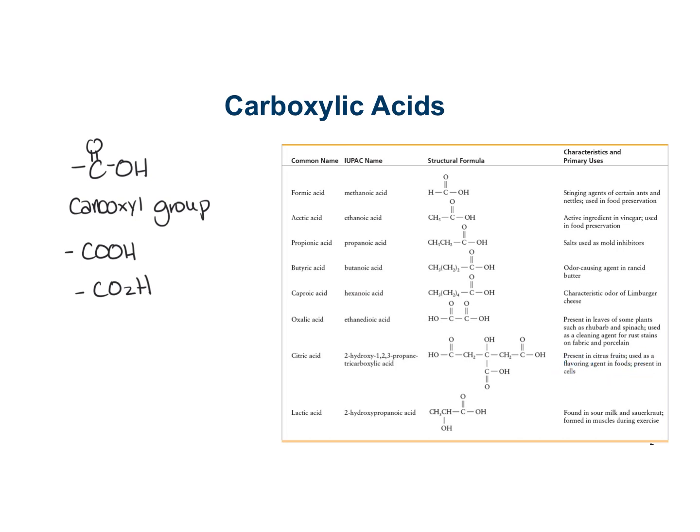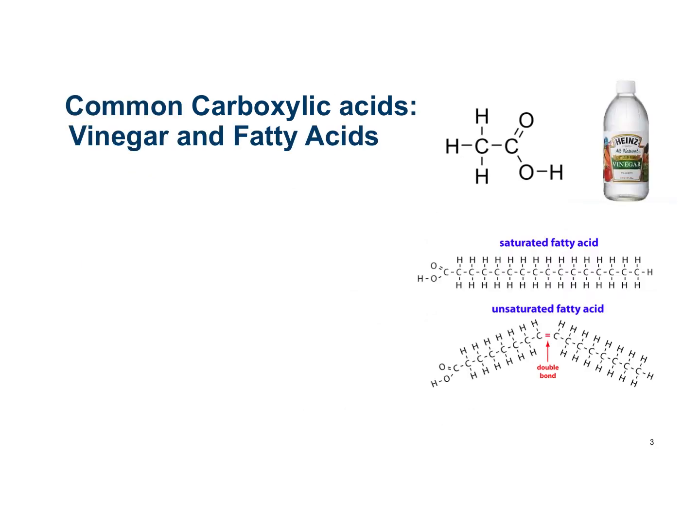We'll talk about citric acid again when we get into biochemistry. Now I want to look at two of these groups that we run into a lot. One is vinegar, which is acetic acid, shown right here, and the other is fatty acids.